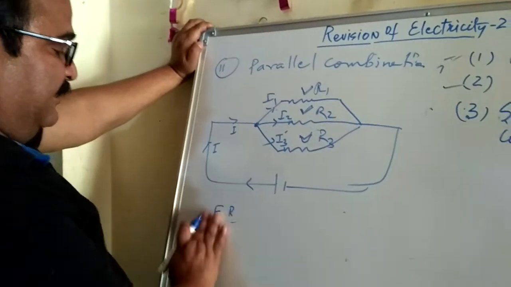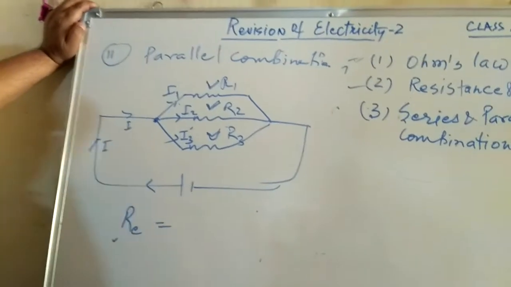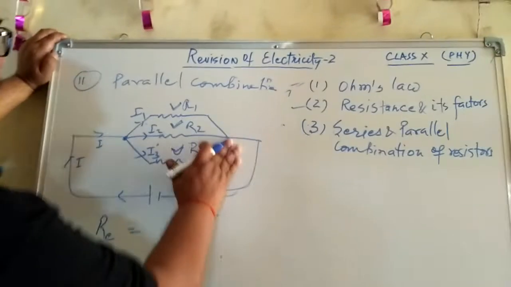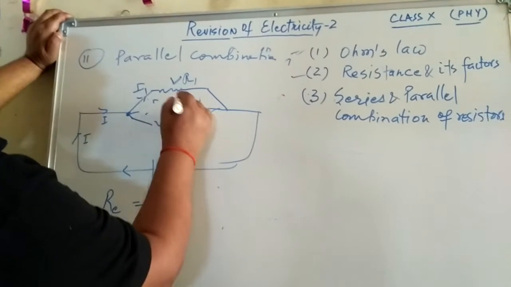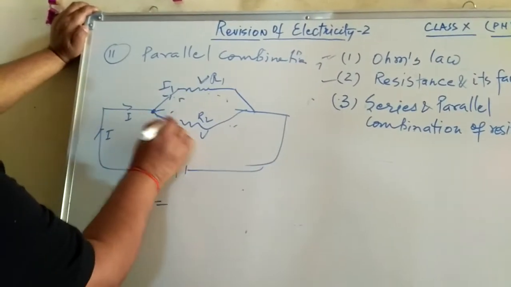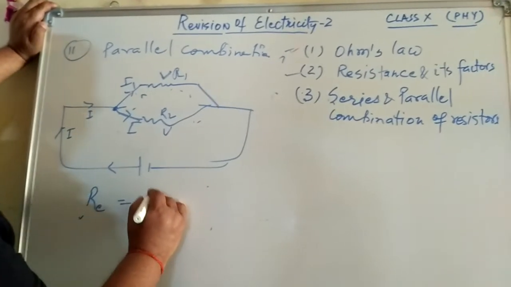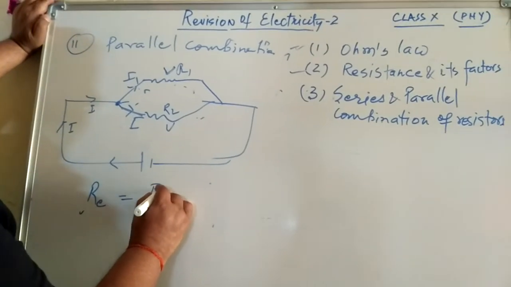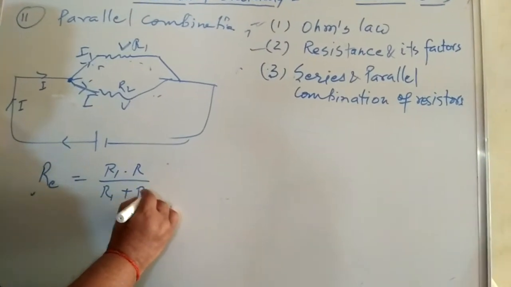When we want to calculate the equivalent resistance in a parallel combination, if we have only two resistors, R1 and R2, with V across them and currents I1 and I2, then the formula is R1 into R2 by R1 plus R2.